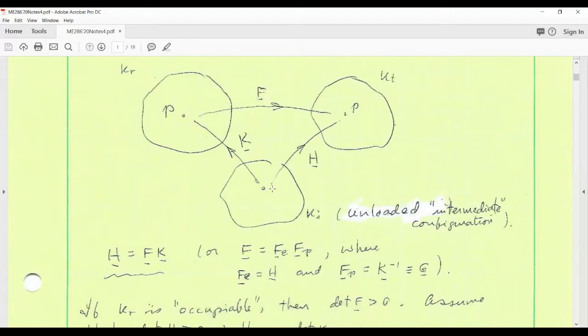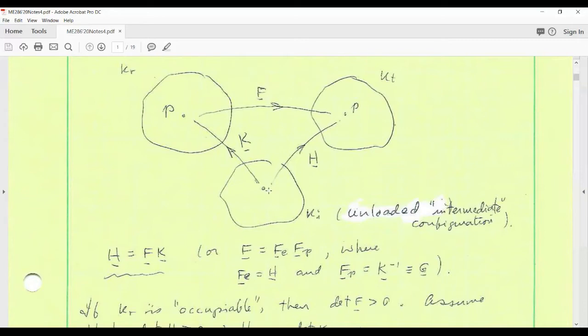Maybe an easier way to think of it is this. We have the actual state of the body at time t, configuration kappa t as usual, the material point in that state. And we imagine unloading to an unloaded state. We'll call that an intermediate configuration, kappa sub I for intermediate.